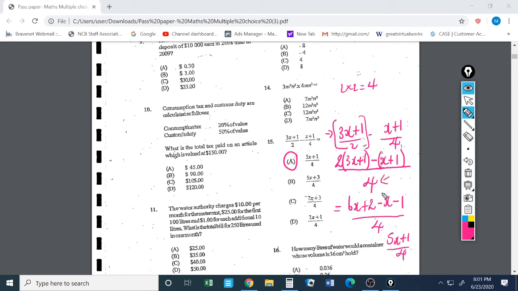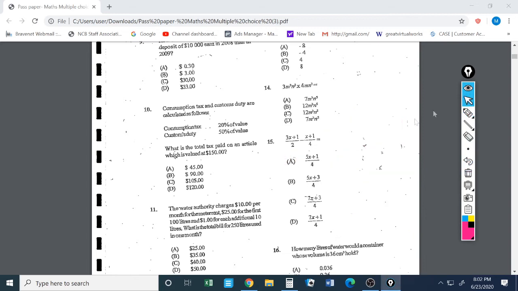Divide 2 into 4 and you get 2, and you multiply that 2 by the top here. And since 4 goes into 4 one time, this 1 times the top doesn't have to change. Then we end up with A as the answer, (5x + 1)/4.